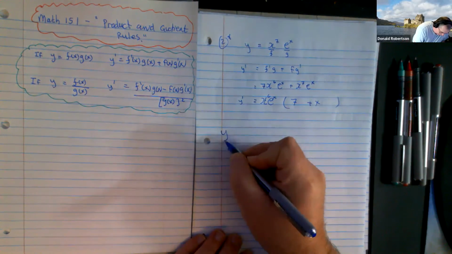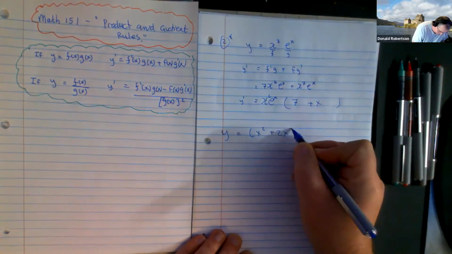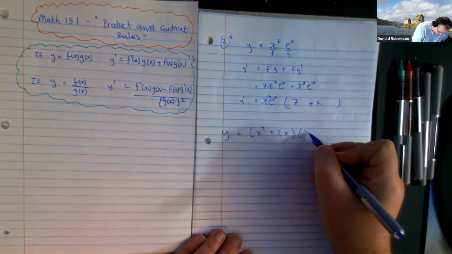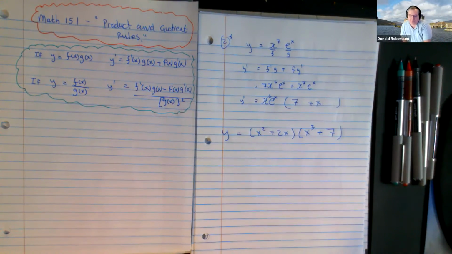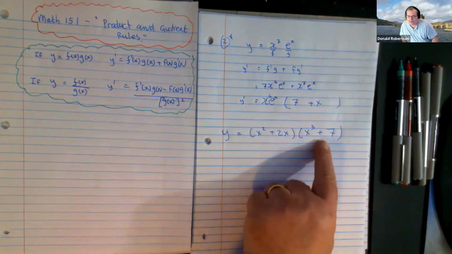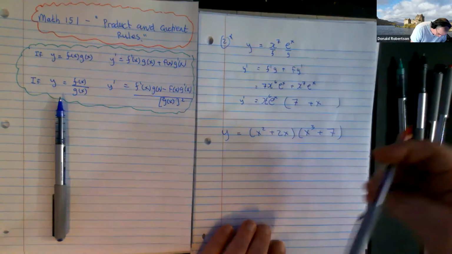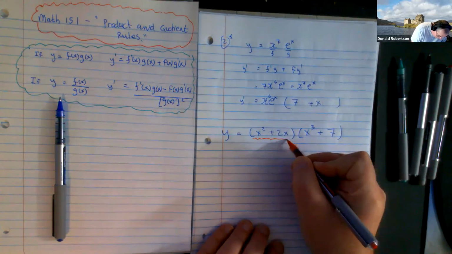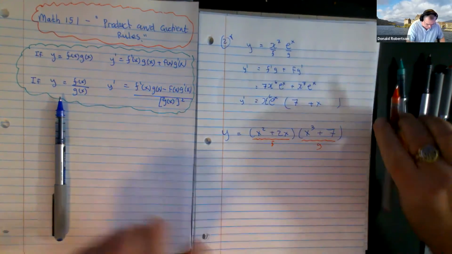Now, here's an example of a question where you really don't need to do the product rule, but it might be worthwhile to do it anyway. Couldn't I do this question just by foiling it out? You agree? I could foil it out and just do the power rule. But since I'm going to be doing the product rule and I want to get practice at it, I'll call this guy f and I'll call this piece g.